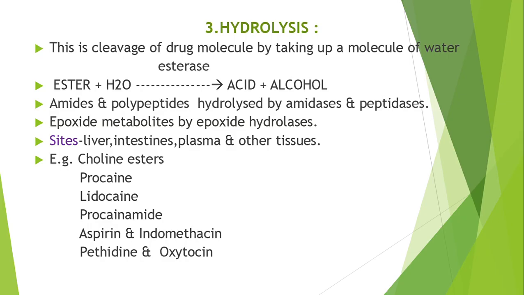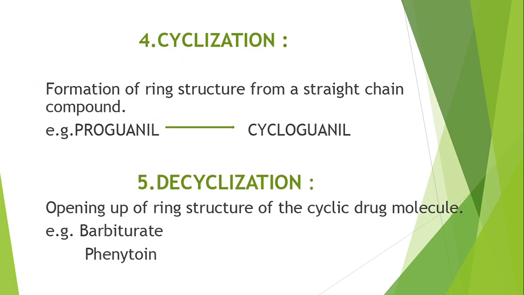For example, choline esters, procaine, lidocaine, procainamide, aspirin, indomethacin, pethidine, and oxytocin undergo hydrolysis. Then another is cyclization, the formation of a ring structure from a straight chain compound, for example proguanil converted to cycloguanil. Then decyclization, that is opening of the ring structure of a cyclic drug molecule, for example barbiturate and phenytoin.